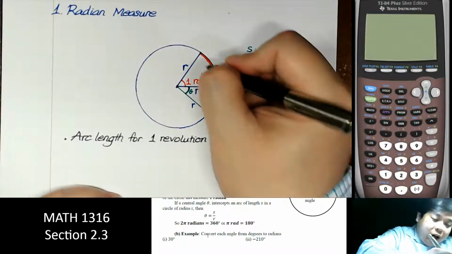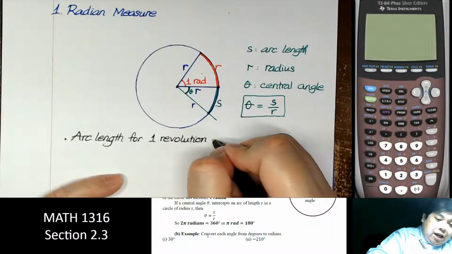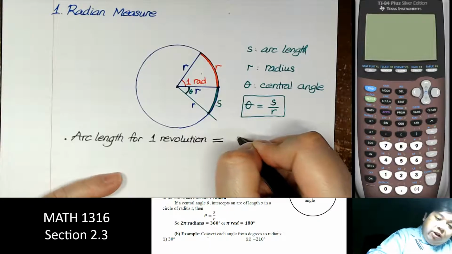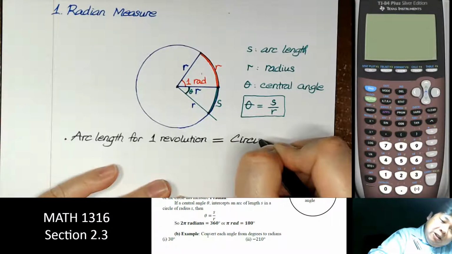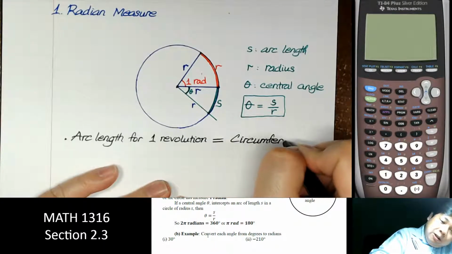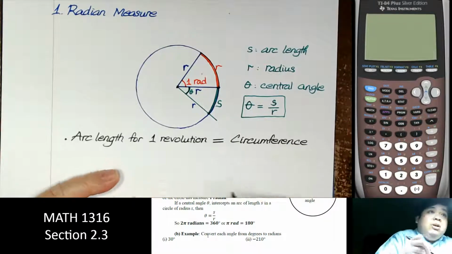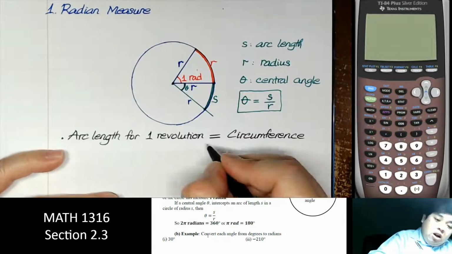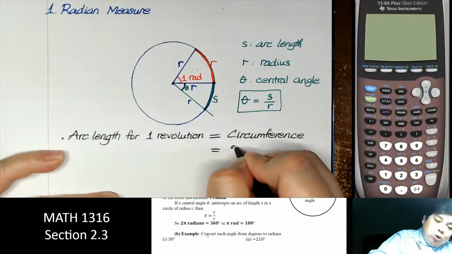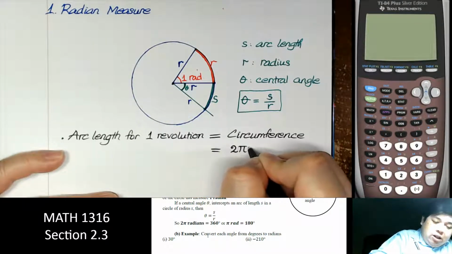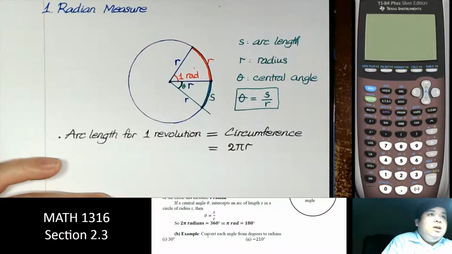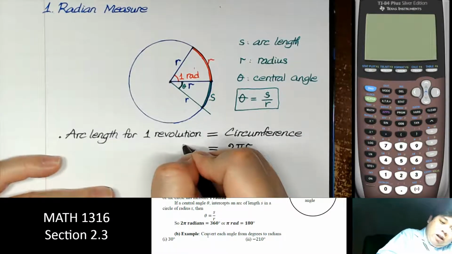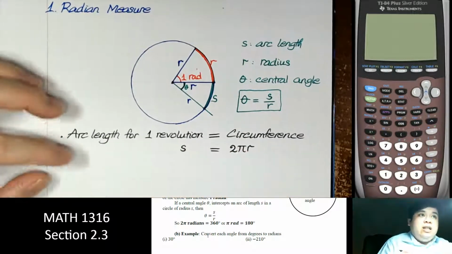If we go 1 complete revolution, that is going to be the same as the circumference of a circle, which is equal to 2 pi r. And that arc length, let that be lowercase s.